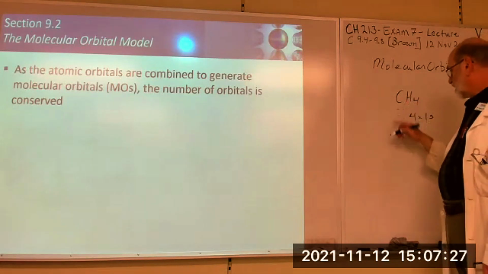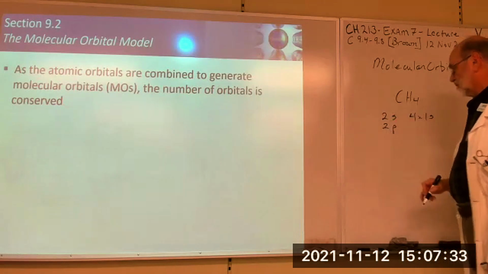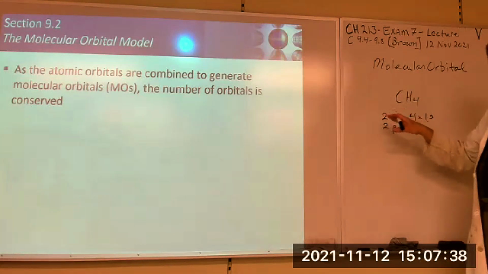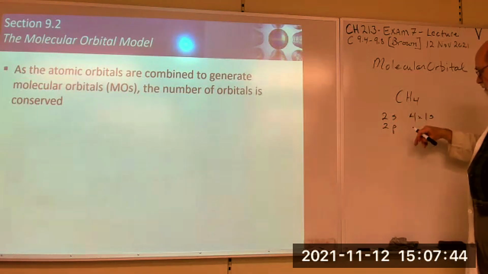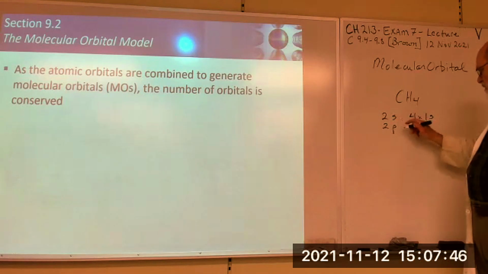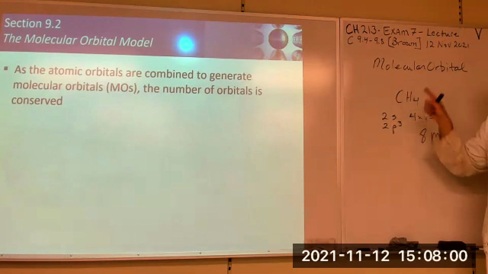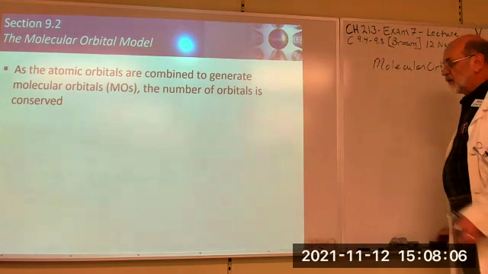Carbon is donating a 2s orbital and 3 2p orbitals. So we're going back to the source, not the hybridized ones. So we have 1, 2, 3, 4, and 4 is 8. So we should have 8 molecular orbitals proposed for this molecule. The numbers of orbitals are conserved.